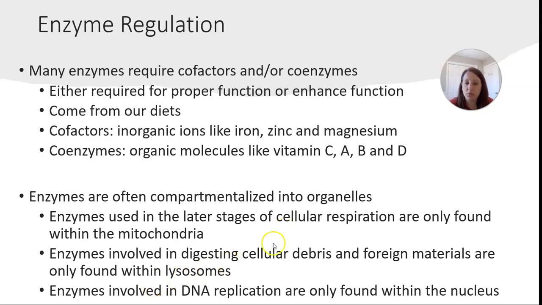Last example, which we're going to get to in the later part of the semester, the last module, we will talk about DNA replication. And so the enzymes involved in DNA replication are only found in the nucleus of eukaryotic cells, like ours. Okay, so again, enzymes can be compartmentalized, only found in specific locations in the cell, and that again controls their activity. So that is the end of chapter 6.